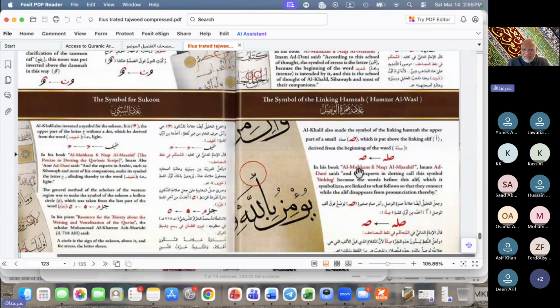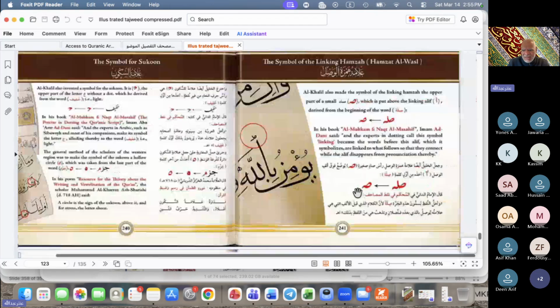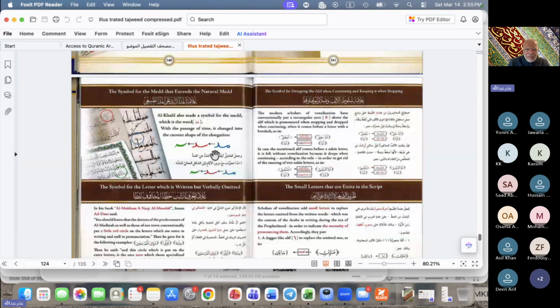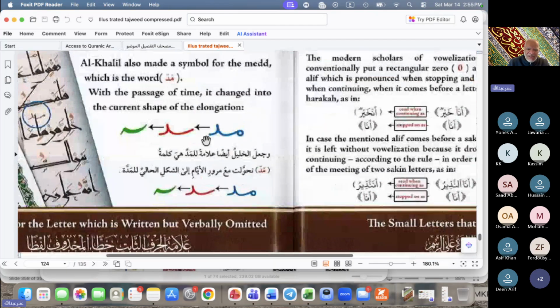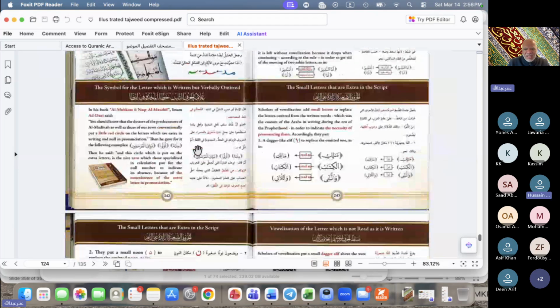Sila, they got the full word sila, sad, lam, ha, and then they reduced it to sad, in the old masahif. Mad, it had the full word mad as it was in the old masahif, and then they dropped the meem, and then they dropped the lam, and they made it like this. So these are also changes that happened in the writing.